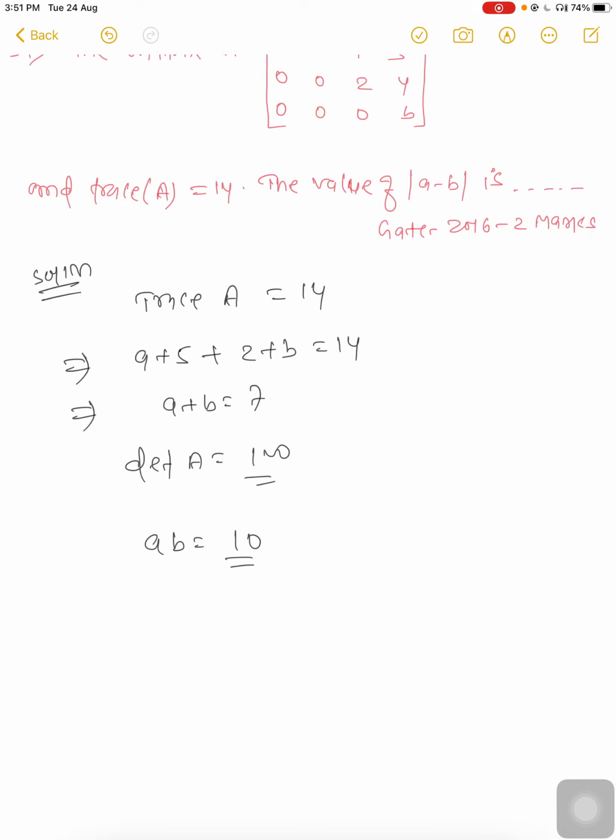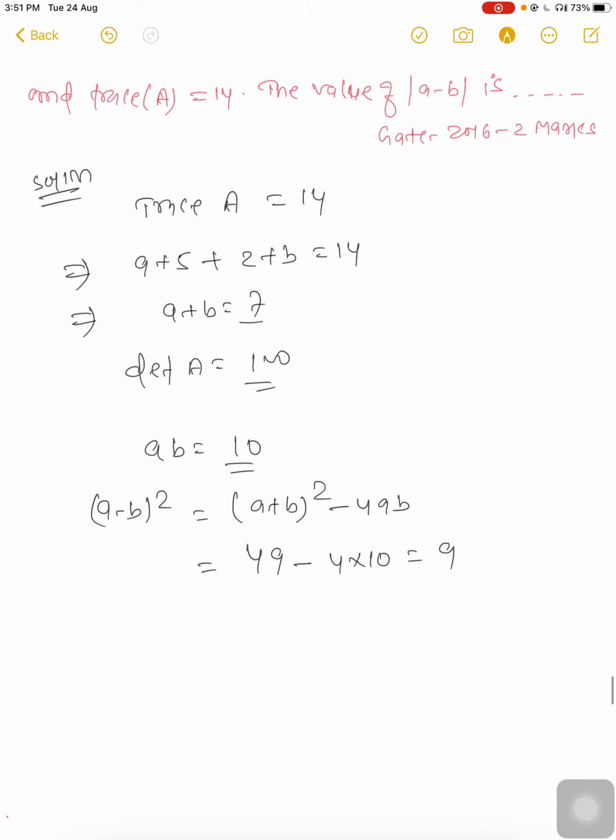And from there, (a minus b) whole square will be (a plus b) whole square minus 4ab. Here it is 49 minus 4 into 10, here will be 9. So a minus b is equal to 3. So answer will be 3.